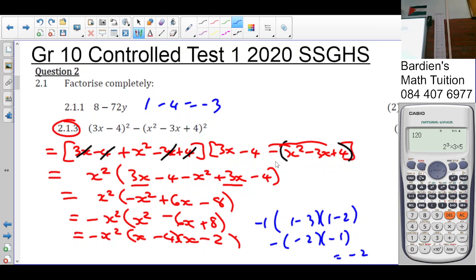Looks like I made a mistake. So if I put a 1 here, it's going to be 1 minus 4, which is negative 3. So if I put a 1 through the answer, I should also get negative 3.